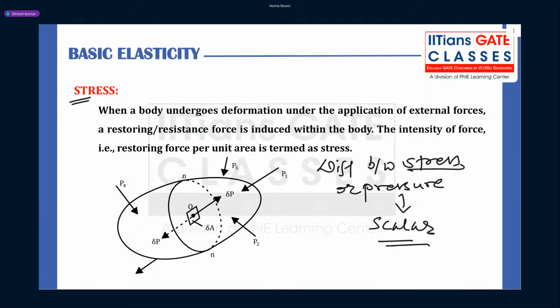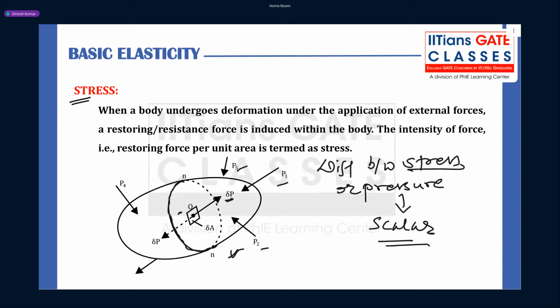Now you can see we considered a three-dimensional body which is subjected to multiple loads like P1, P2, P3 and so on. There we consider this plane NN. On this plane at this point O, there is some resultant force delta P, making some angle theta with the plane. That will have two components, one normal and one shear.